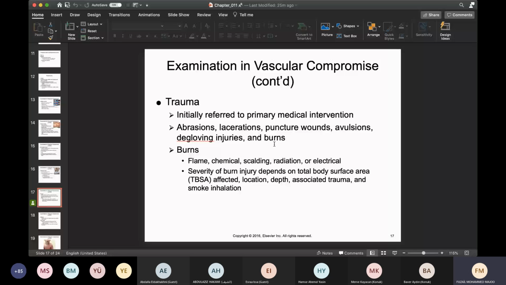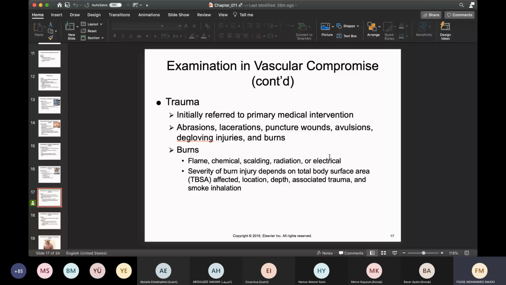Avulsion is when there's a big mass of tissue that's missing. A lot of times burns are considered to be trauma as well. Burns could be from fire, but a lot of people don't realize that burns could also come from chemicals, from scalding, from radiation, even from electricity. Another is cold. Cold can also cause burns.